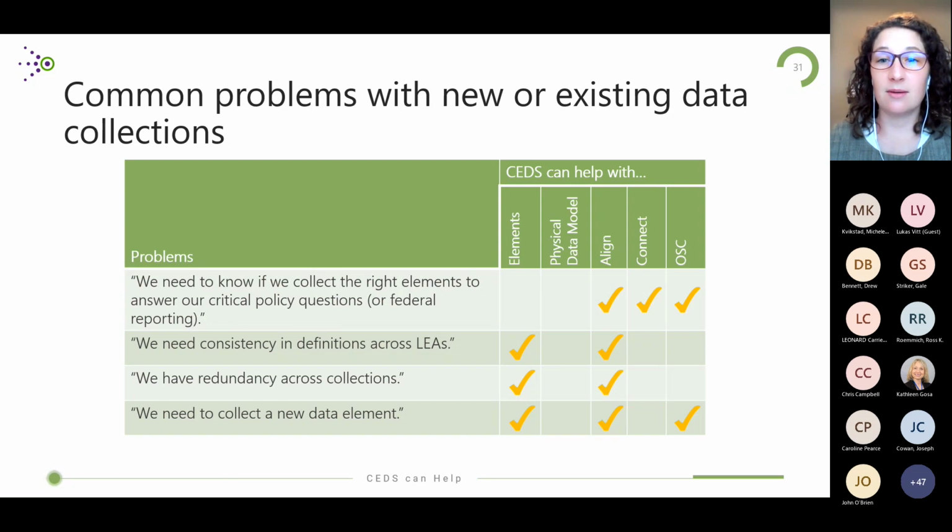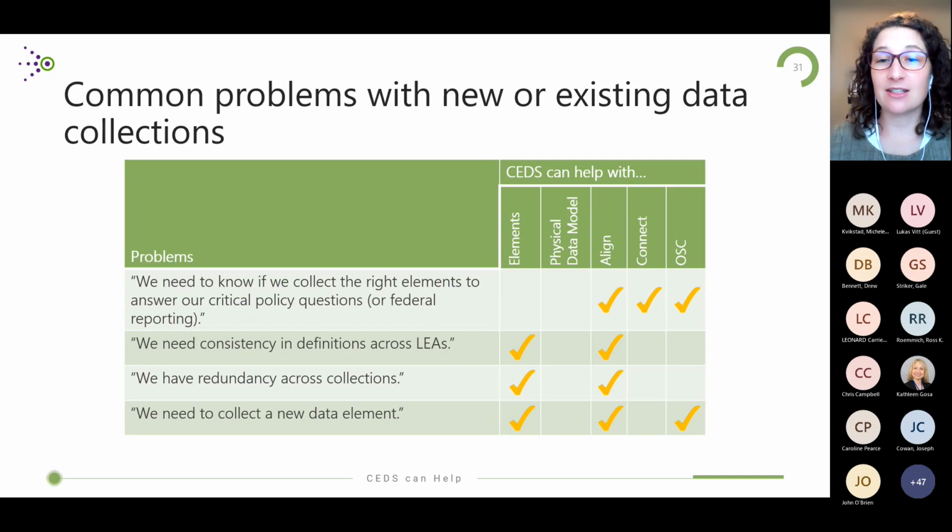All of the different domains of data within CEDS, as you're looking for common definitions or redundancy within your own collections, starting with the elements can really be helpful in identifying what is the national standard. How have national stakeholders and peers in my group defined this element?